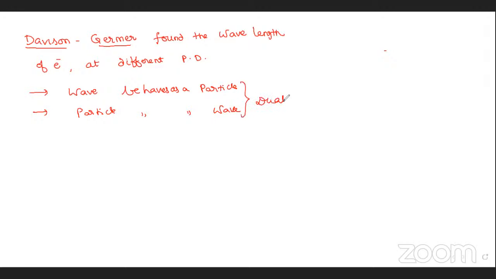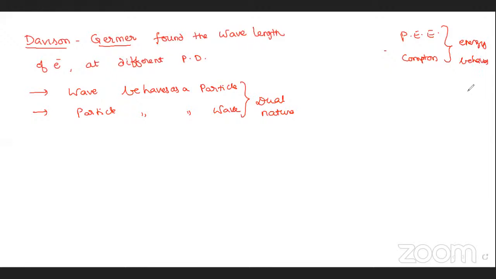This is called dual nature. This is the final conclusion of this chapter. Previously, in the experiments we conducted, photoelectric effect and Compton effect, we proved energy behaves as a particle.